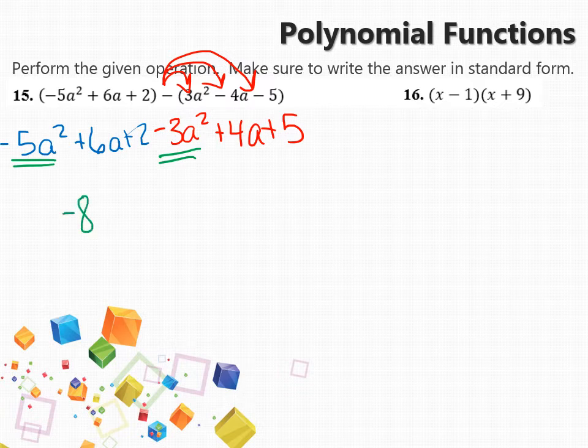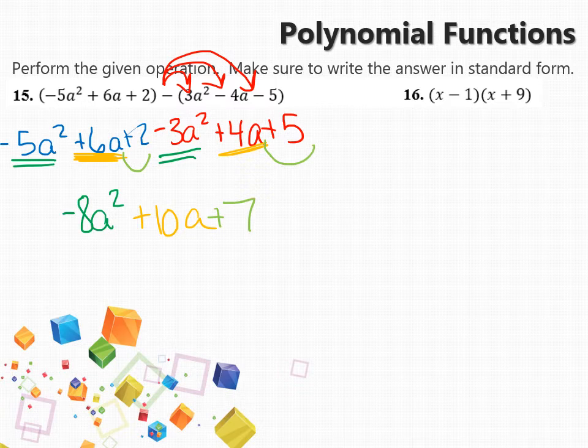That's a negative 8a squared. See how I keep that a squared? Next, I see a positive 6a and a positive 4a for a positive 10a. And then lastly, I see a constant of plus 2 plus 5 for plus 7. I like to put C's underneath or use sideways C's for constant. So that's why I keep curving that.